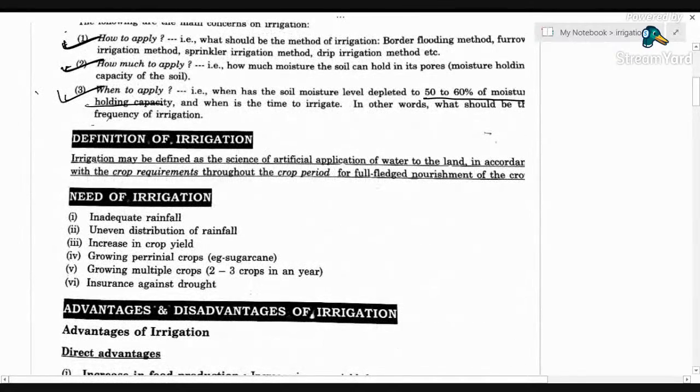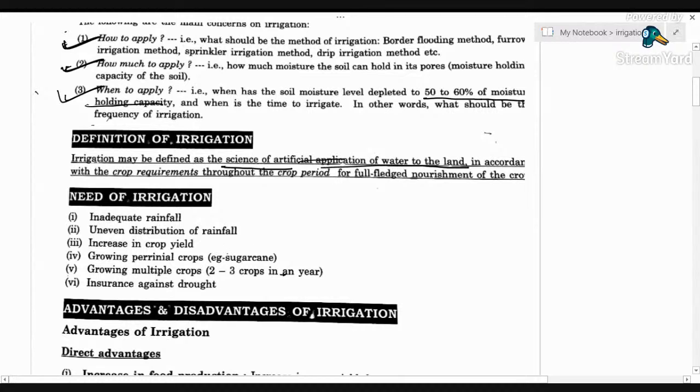Definition of irrigation, as I told you, it is the science of artificial application of water to the land. And how much water we apply is based upon the requirement of the crop.